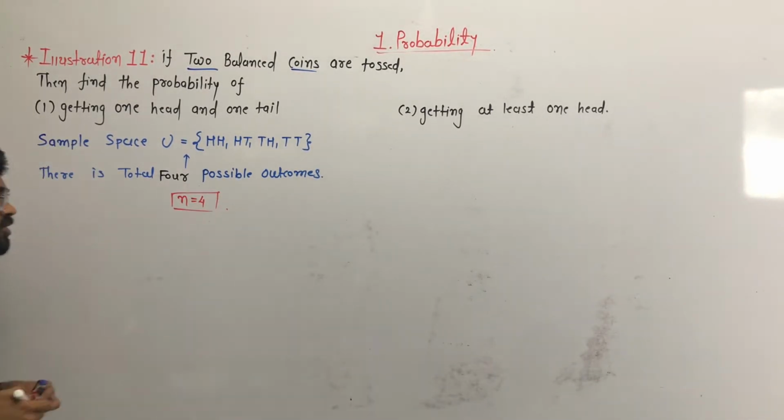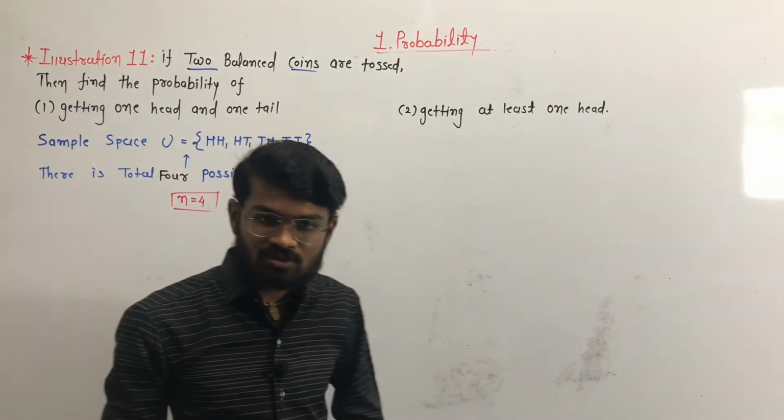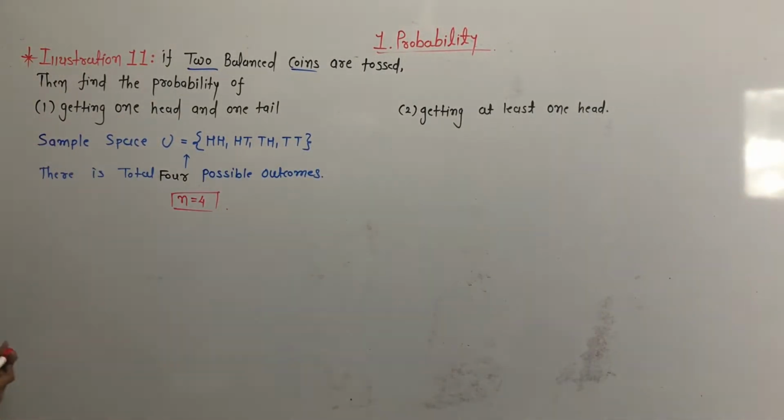Now we have to find the number of favorable outcomes. Suppose event A is getting one head and one tail.